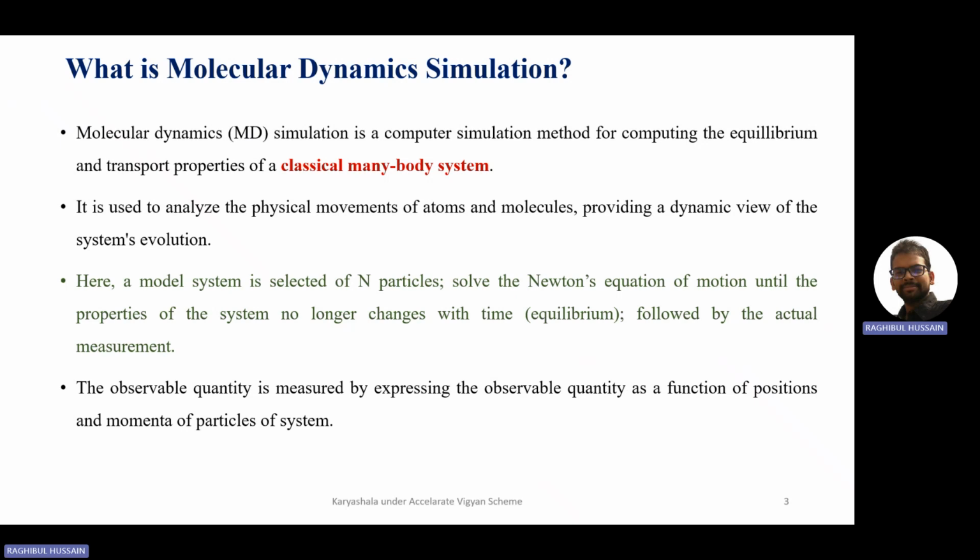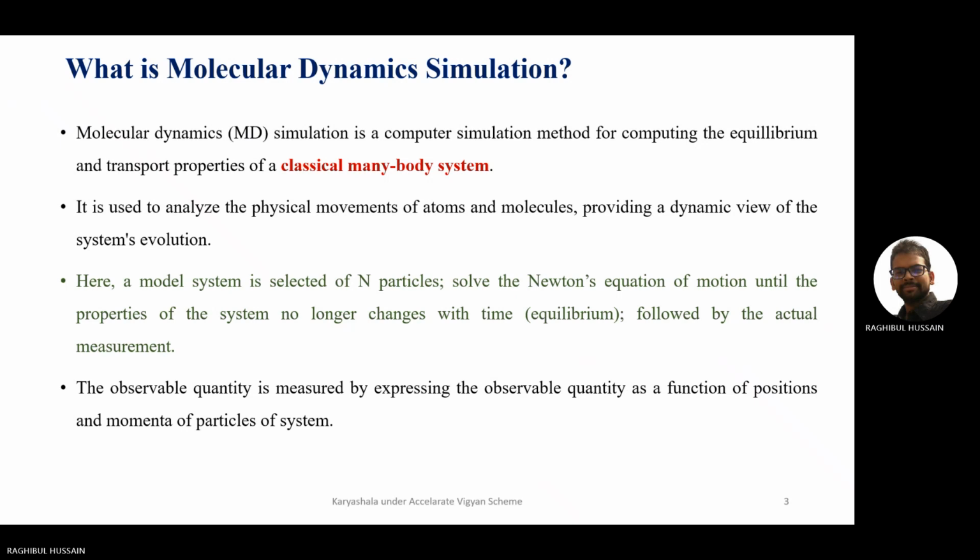So therefore, molecular dynamics plays a role. Even nowadays, there is a very hot topic, lithium ion transportation in LIBs. That transportation part is a very hot topic for molecular dynamics simulation, right?